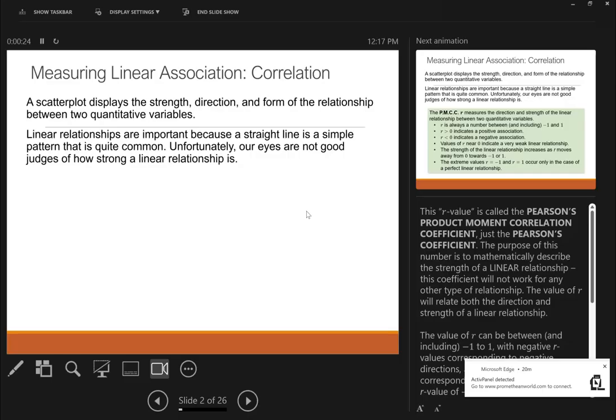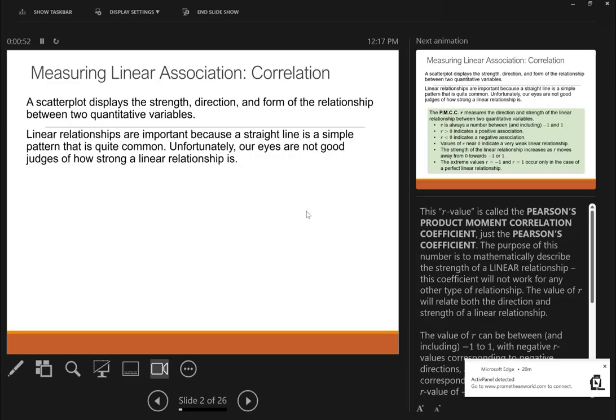So in the last section we talked about scatter plots and how we can infer strength, direction, and form using a scatter plot. And we talked about how, to describe the strength of that scatter plot, we're basically just using our eyes and looking at how closely the points are grouped together, right?